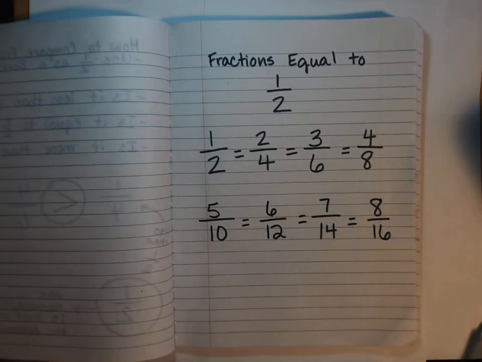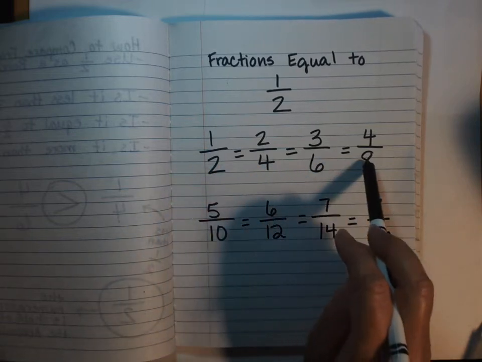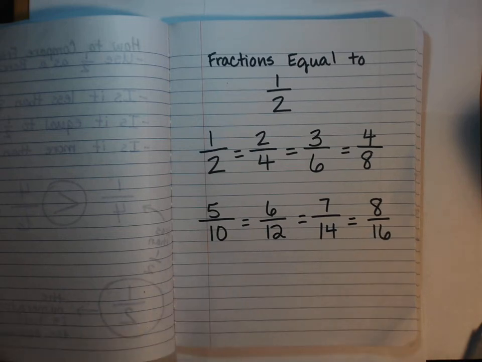So notice a pattern. Your denominator, the bottom number, is always going to be an even number. It has to be, you have to be able to divide it by 2 to make it equal to 1/2.